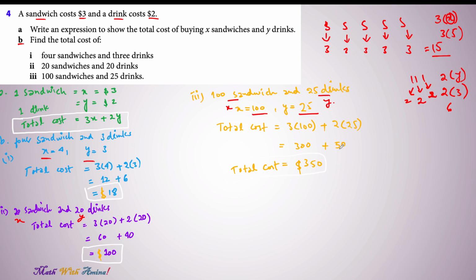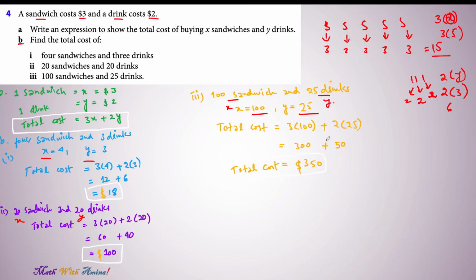So 300 plus 50 is equal to 350. It means that if we are buying 100 sandwiches and 25 drinks, we have to pay a total of $350, in which $300 is that of the sandwiches and $50 is that of the drinks.